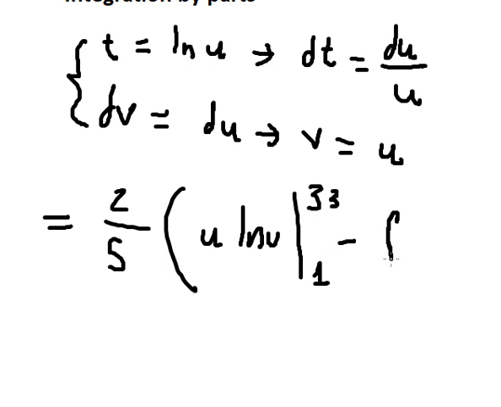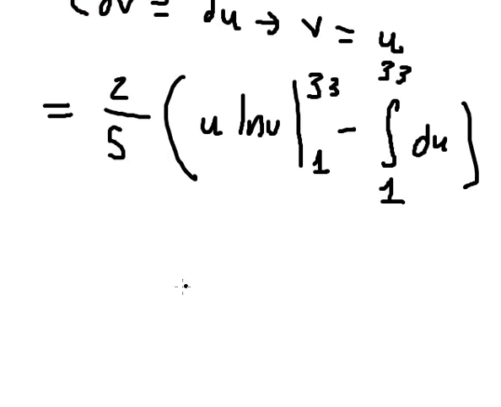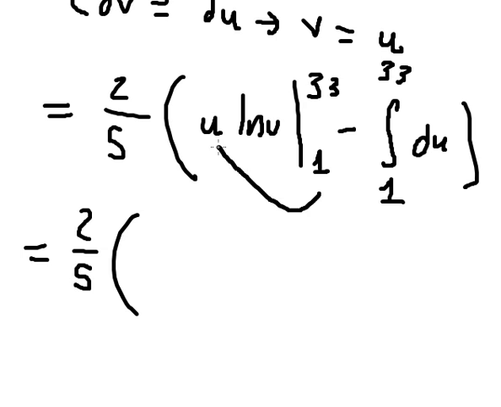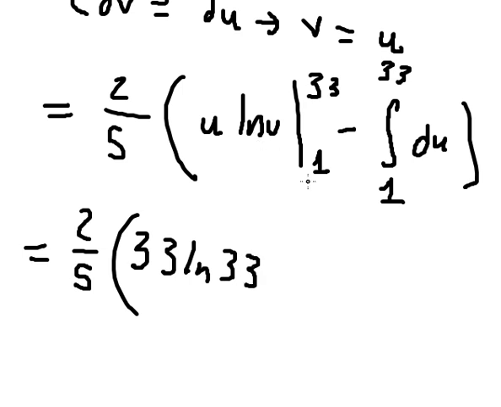Minus the integration from 1 to 33 of u divided by u, which is 1. So 33 goes here and 1 goes here. We have 33 ln 33 minus ln 1, and ln 1 is 0.